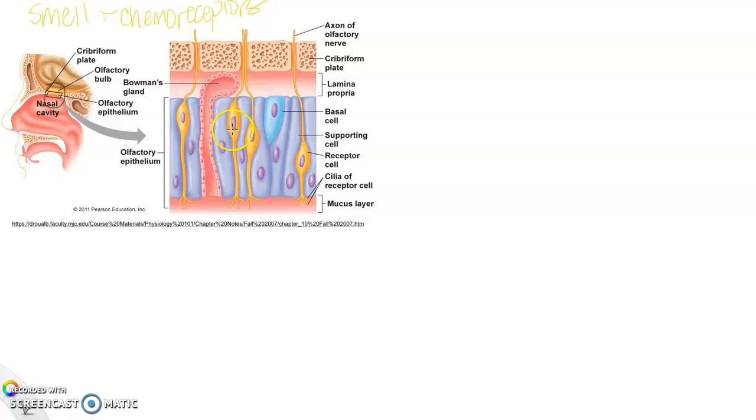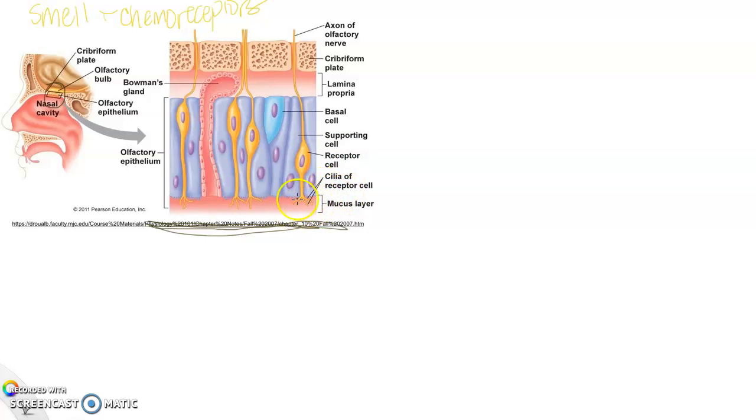So we have the bony part down here, and right here are the receptor cells. These cells here are neural cells. These are those bipolar cells, the receptor cells.